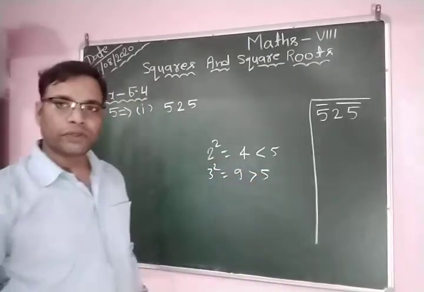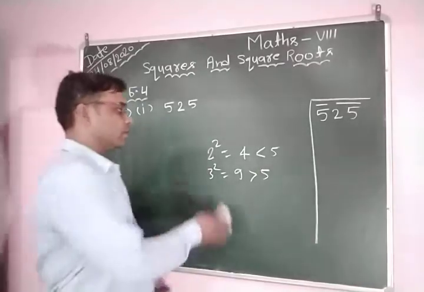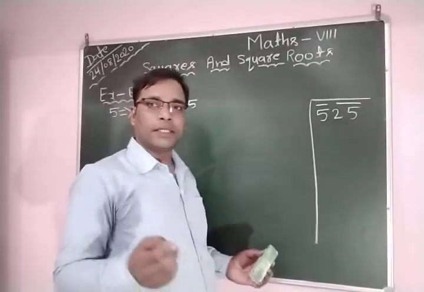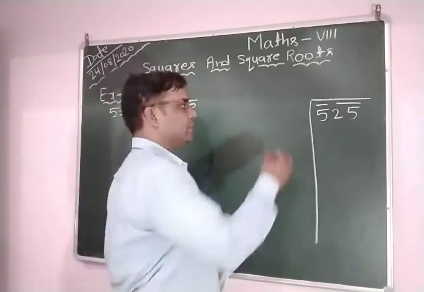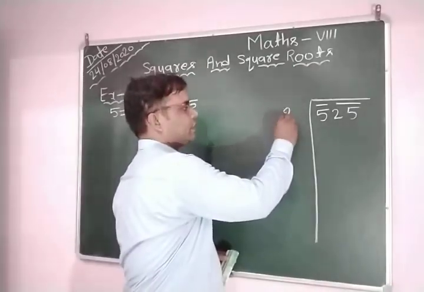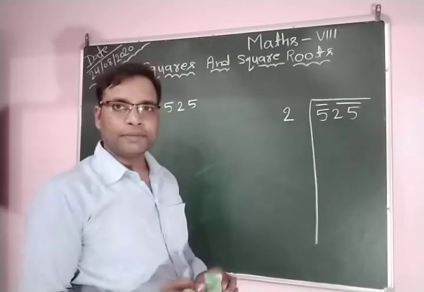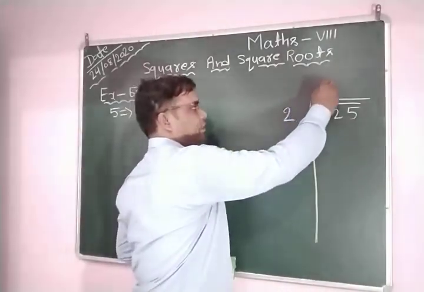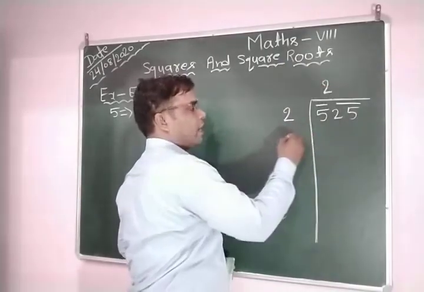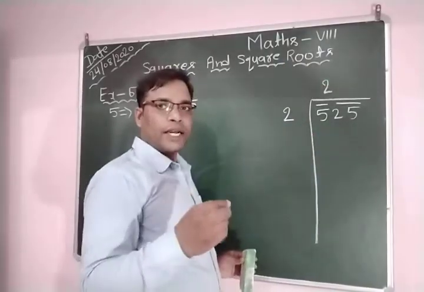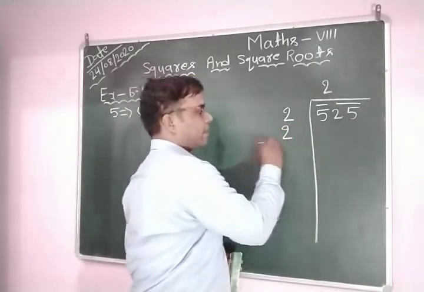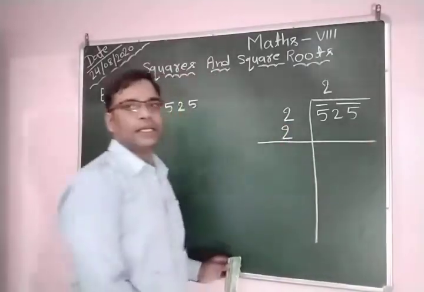So we take 2, and we write 2 in the place of the divisor and also in the place of the quotient. This is the quotient place, and we draw these lines.